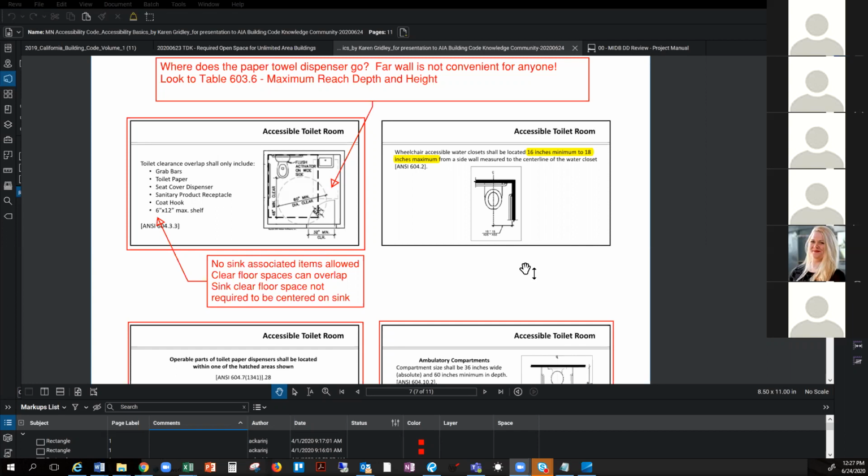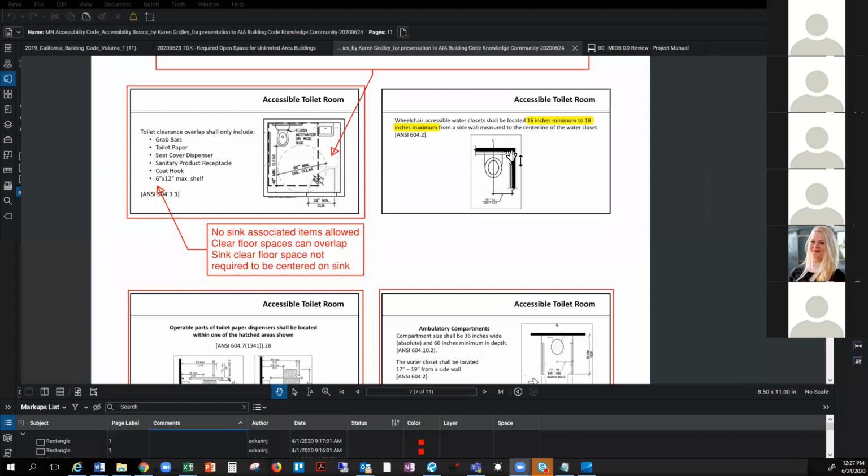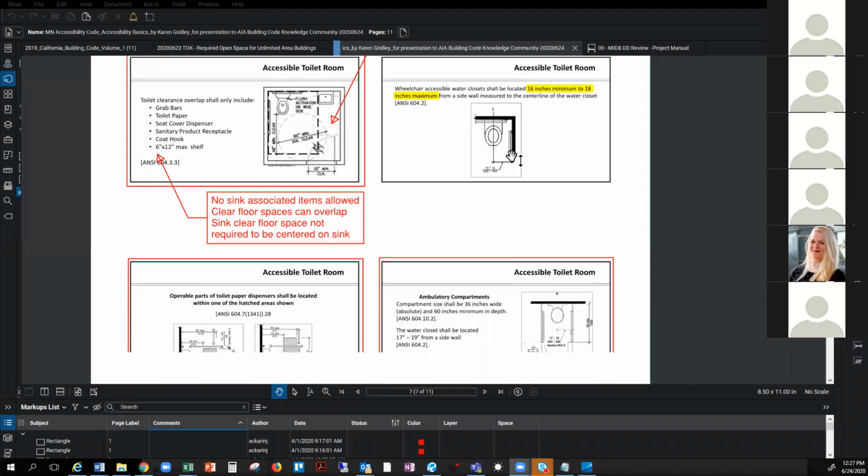What happens when that finish came in? You may or may not have had a building inspector that took a tape measure and said, you didn't make 18 inches, you're at 17 and a half because that tile was in the way. Well, there is some latitude for that. And so you have this provision, and it can be a lifesaver, especially when things are all built out and finished up.